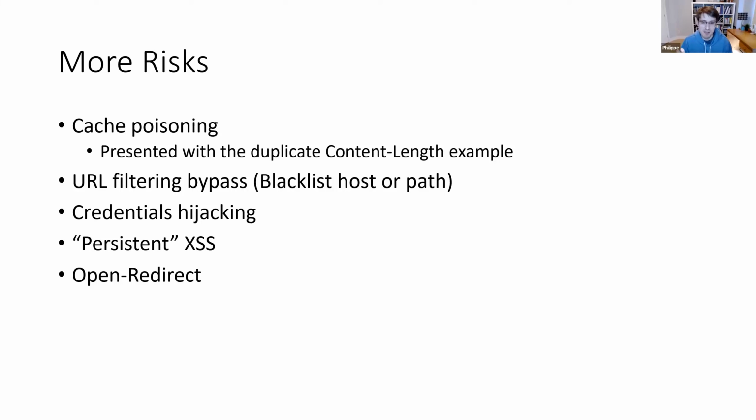But we're going to see that we can turn impossible XSS into persistent XSS that is forwarded directly to the user that is visiting the website. This will be the first lab of this workshop.